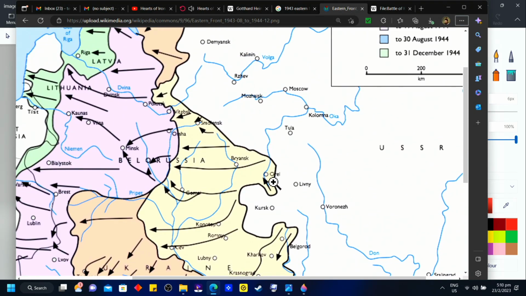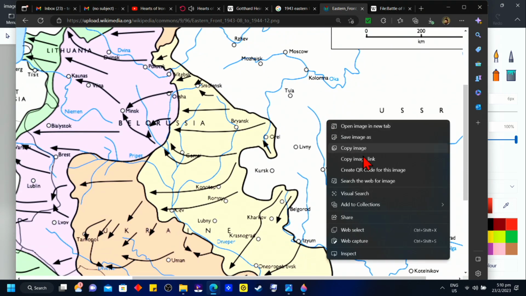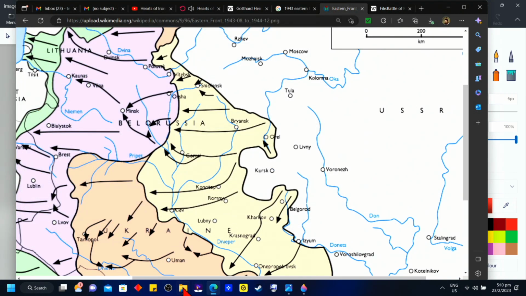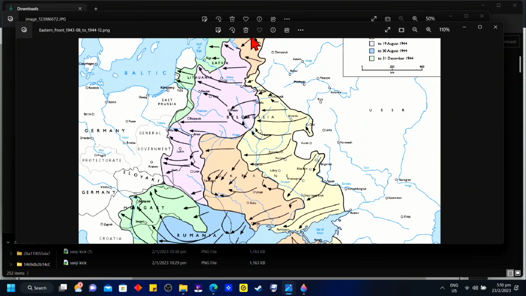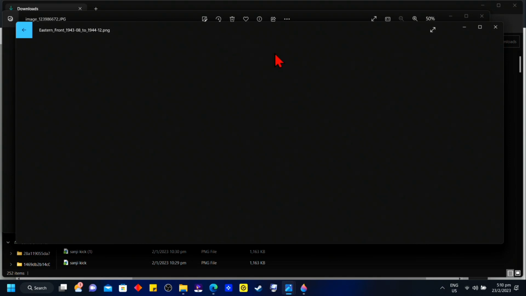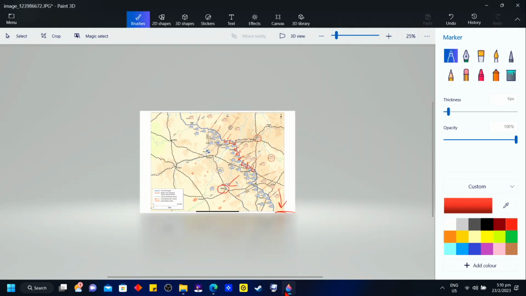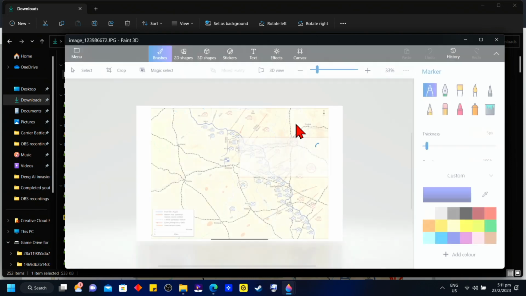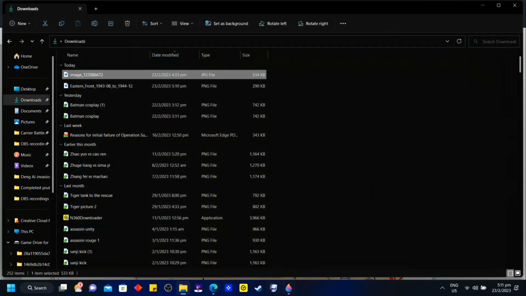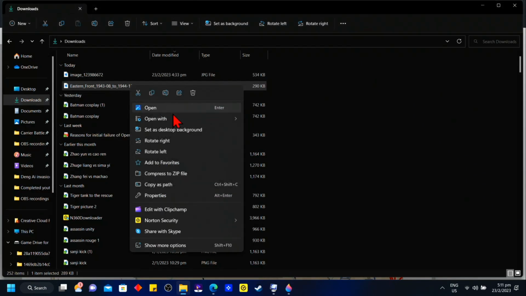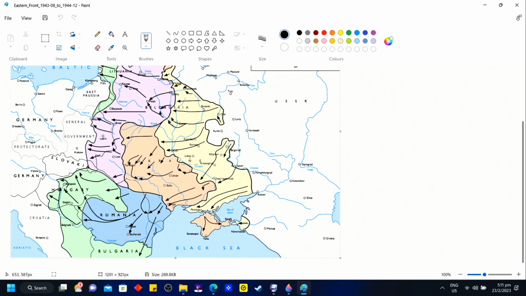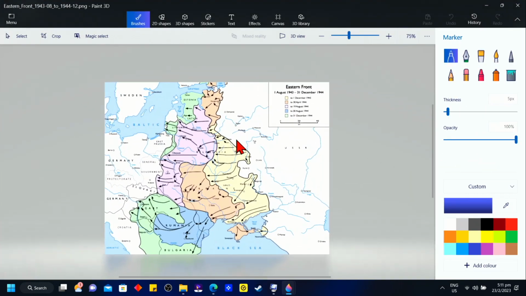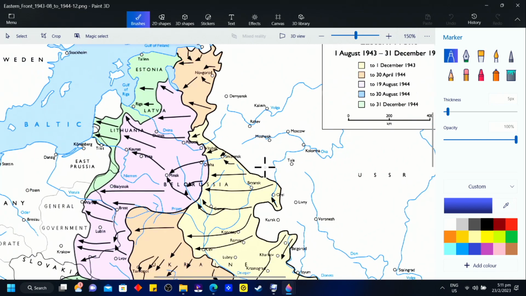Oh no, not this one. Open with Paint 3D. So this is the overall view.